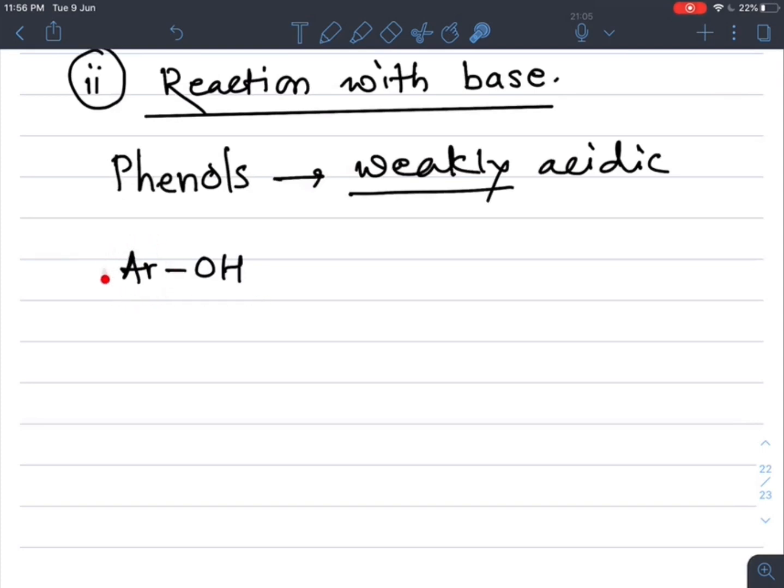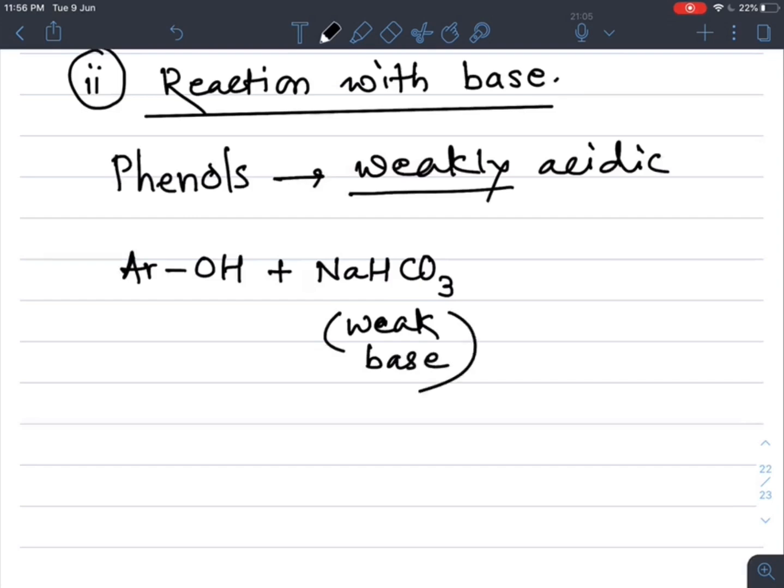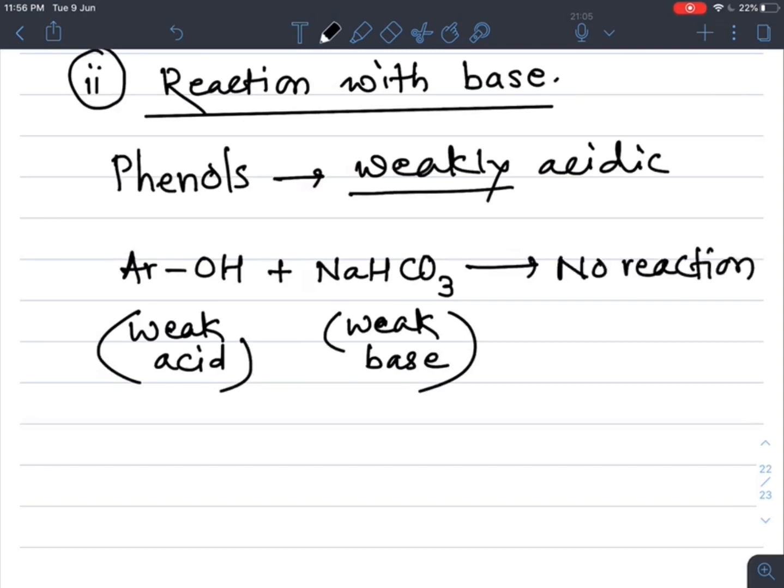When phenol is treated with a weak base, that is sodium bicarbonate, NaHCO3, which is a weak base, and this phenol is also a weak acid, weak acids do not react with a weak base, so no reaction takes place.